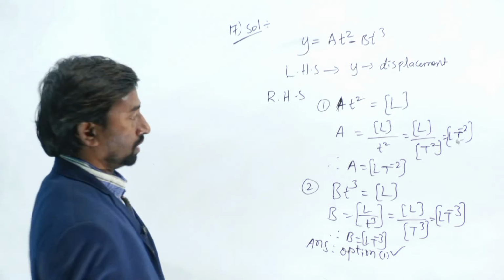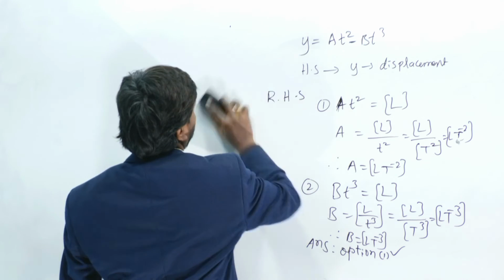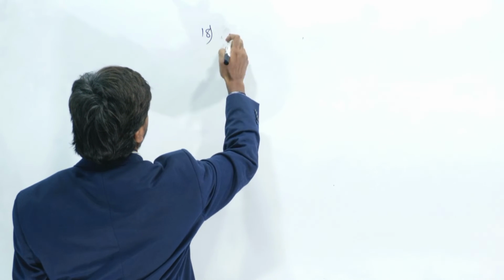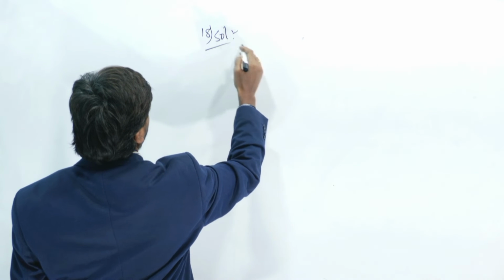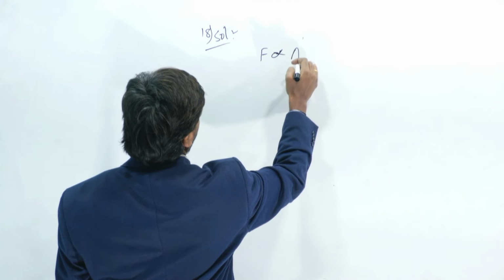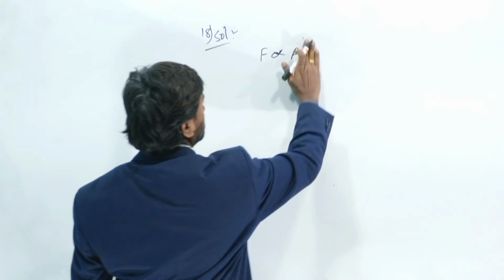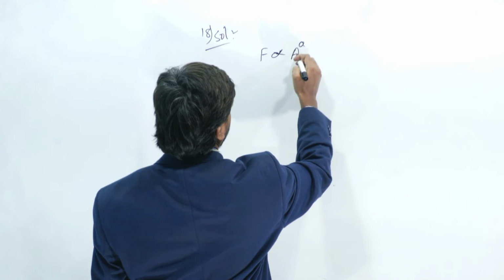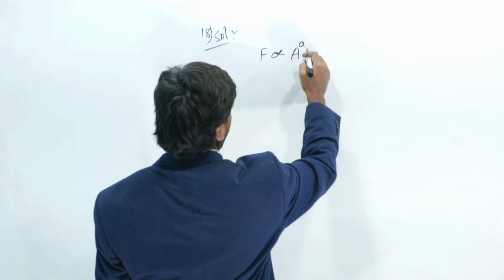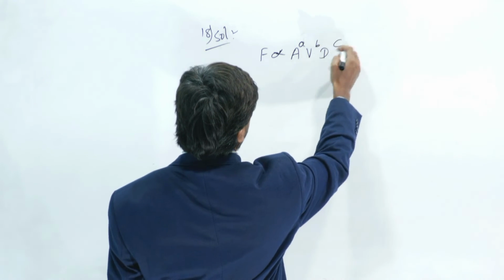So here the equation is given in the 18th question: F is directly proportional to A power a, V power b, and D power c.